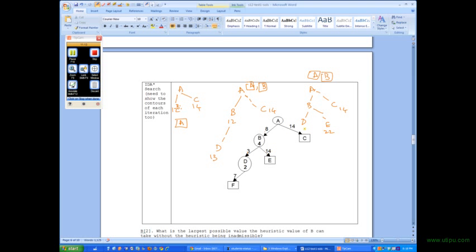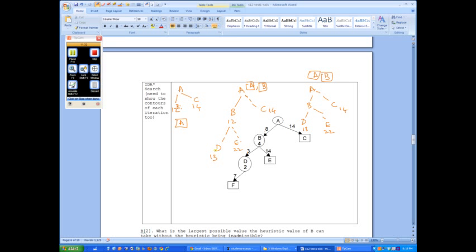So D is still 13, of course. And by the way, here when you did expansion of B, you also must have considered E, which is 22. So we didn't care about it because these are crossing the cutoff, and so you take the lowest one and include it into the tree.